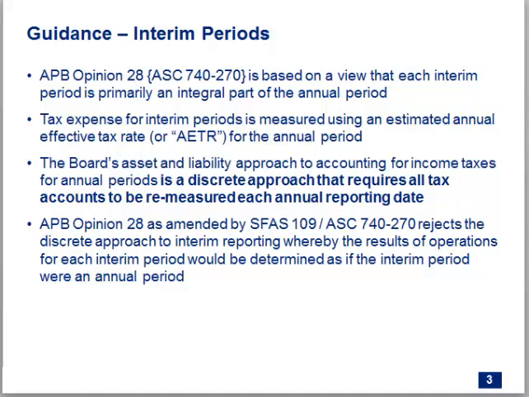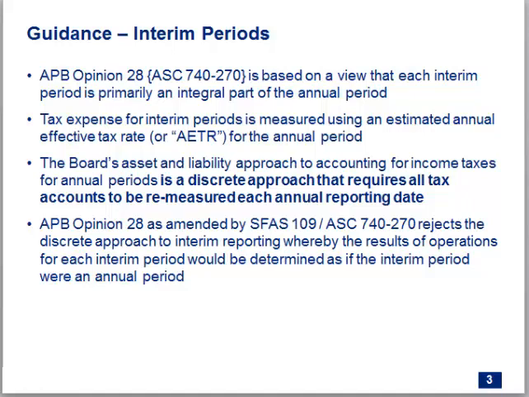So APB 28 was the original rule that dealt with quarterly accounting, and it basically said that you're really looking at an annual period and trying to look at the quarters as pieces of that annual period.